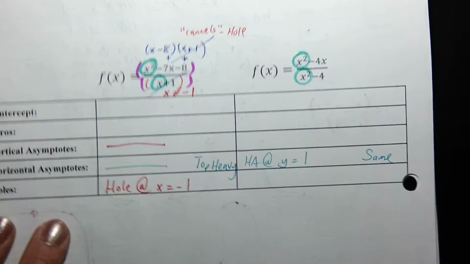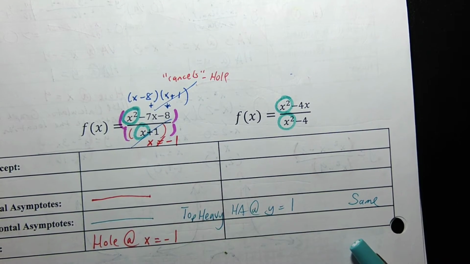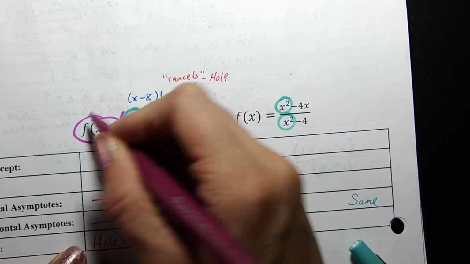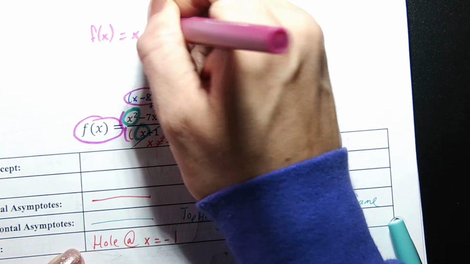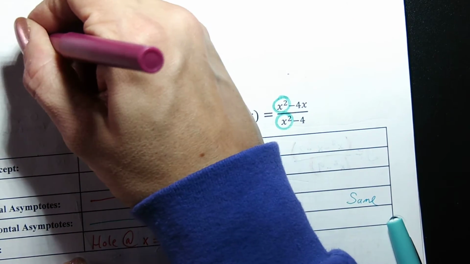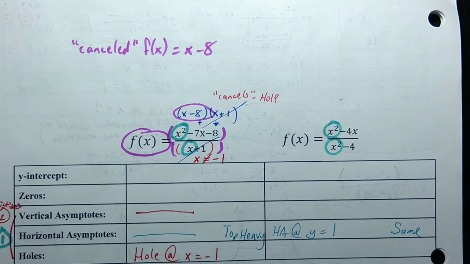But our canceled equation here is something we are familiar with. So our canceled equation would be f of x equals x minus 8. What type of equation is that? It's linear. It's going to be a line.